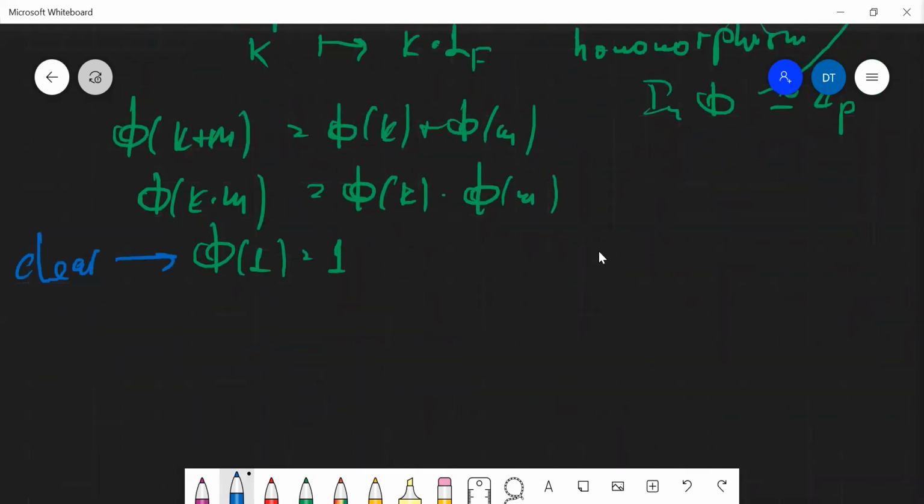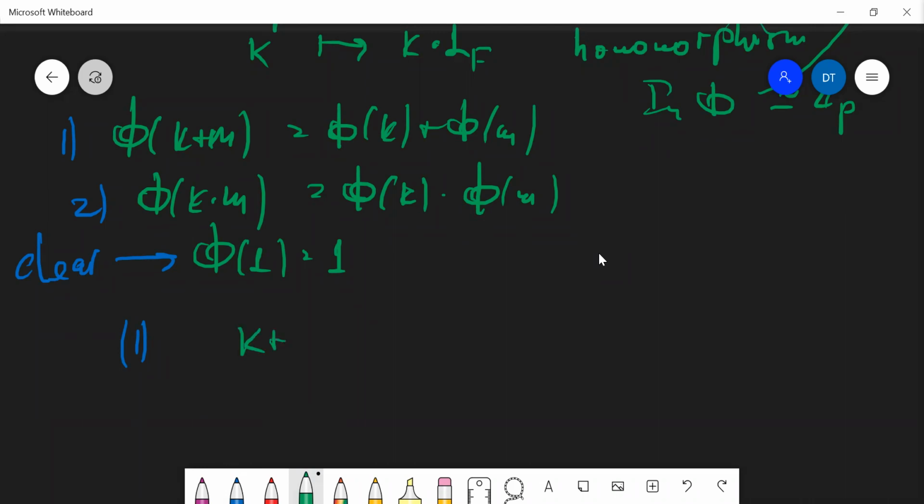Well, first, the way you can check these equalities is very similar for both. So let me check the first one, and the second one can be done in a similar way. How do you compute the left-hand side? You first compute K plus M in ZP.